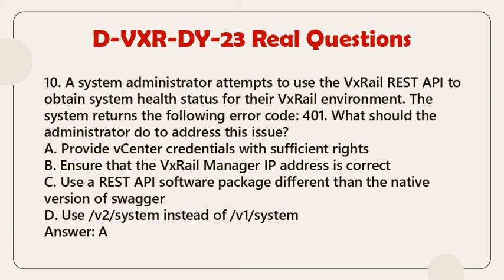B. Ensure that the VxRail Manager IP address is correct. C. Use a REST API software package different than the native version of Swagger. D. Use v2 system instead of v1 system. Answer: A.